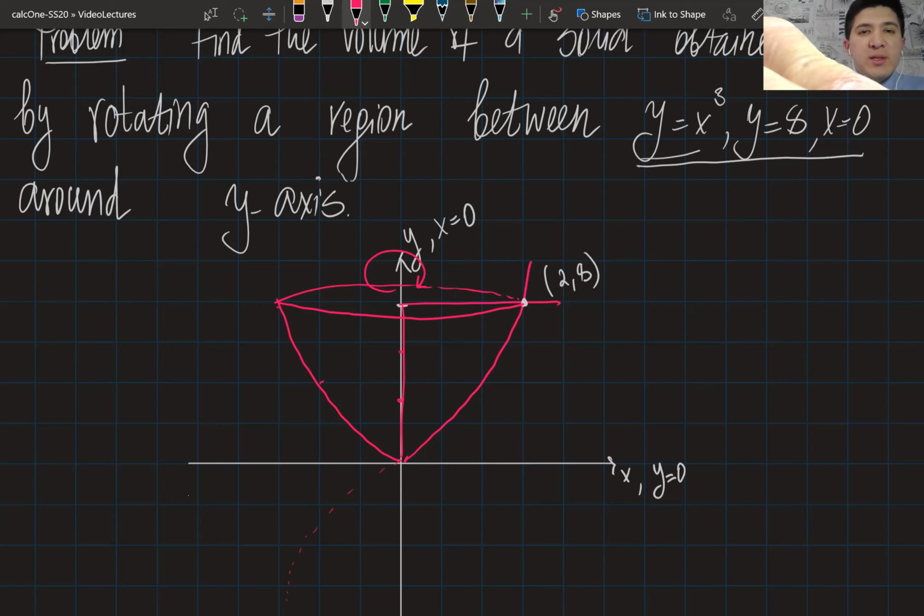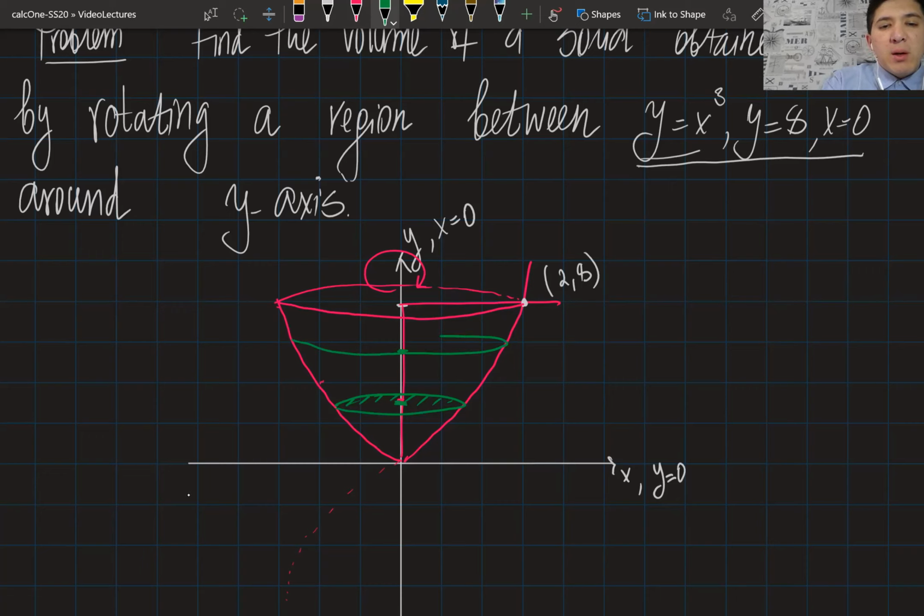For example, if you decide to create a slice here, at some point y is equal to 1, for example, then the area is going to be this one, the smaller one. While if you choose this point, y is equal to 4, for example, then the area is going to be bigger, right?